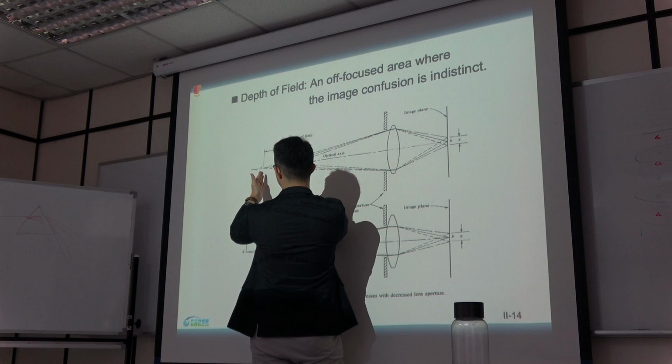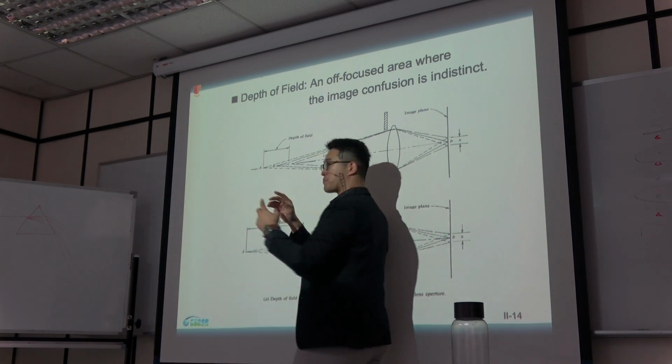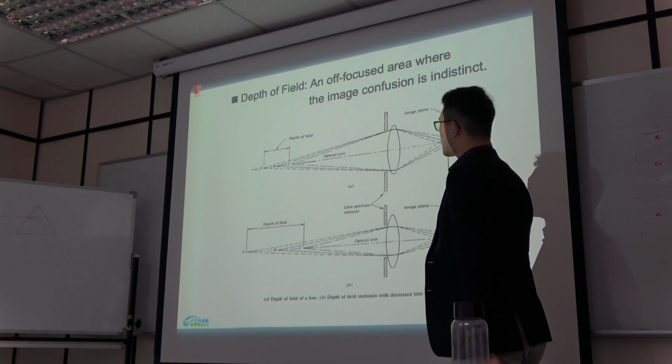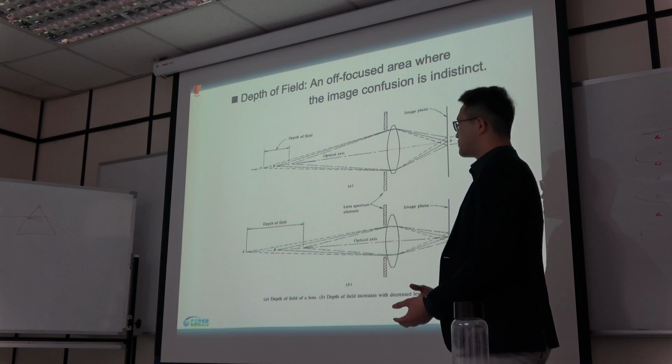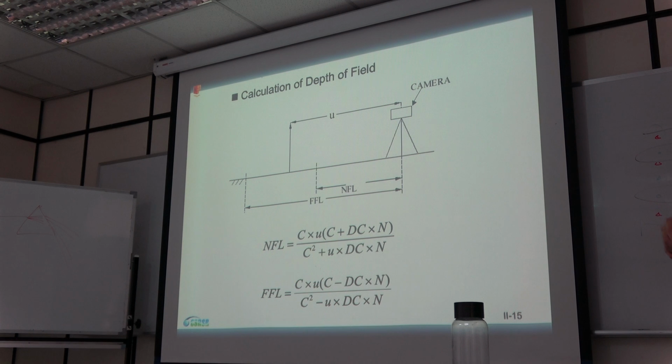Whatever object is outside this range, you will consider blurred. So how do we control it? It's affected by many things. Let's take a look at the next page.